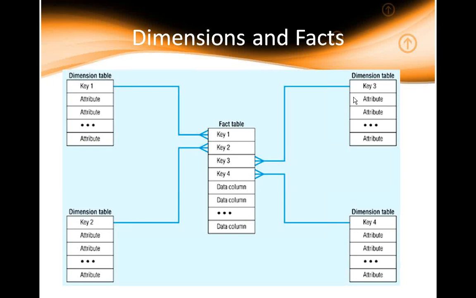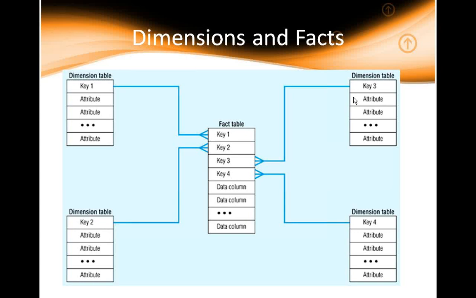In dimension tables, there won't be any measurable values. The fact table contains the actual measurable values, like quantity and price, right?